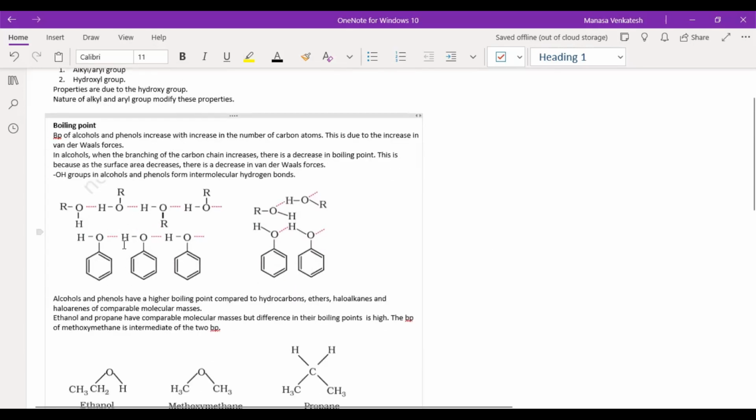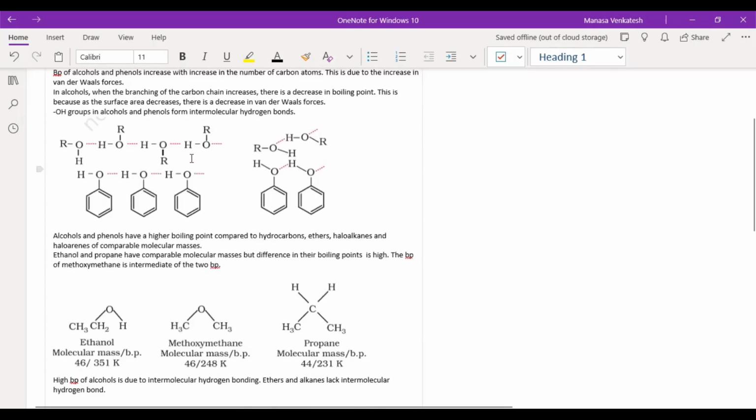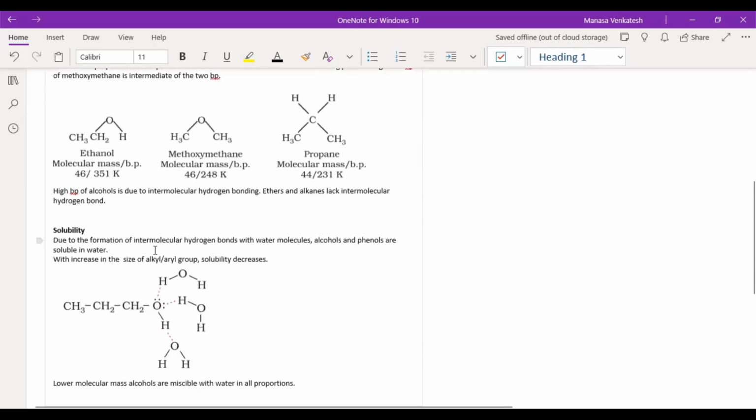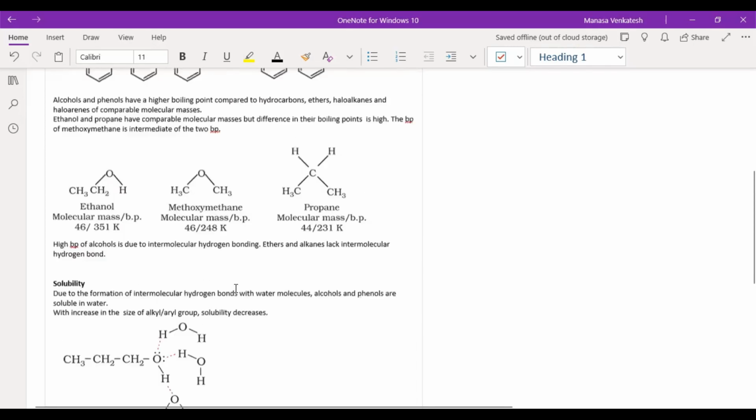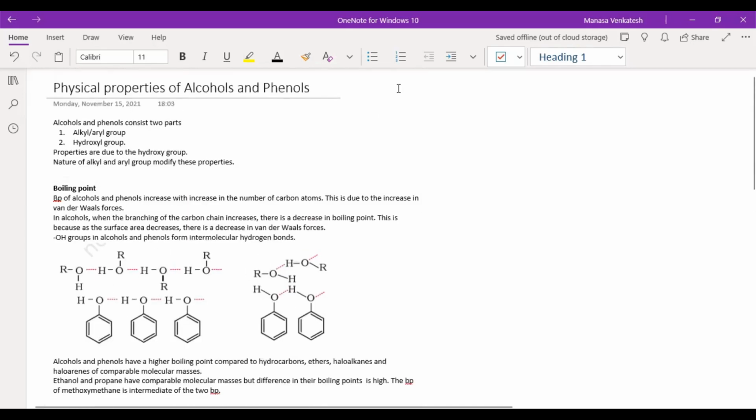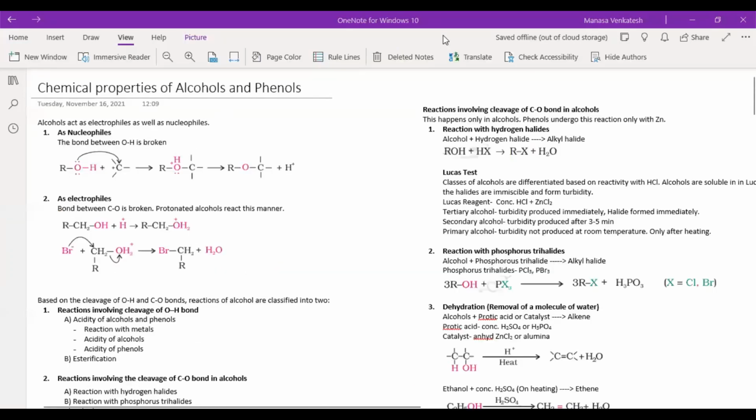Next, alcohols and phenols have a higher boiling point compared to haloalkanes, haloarenes, hydrocarbons, and even ethers of a comparable molecular mass, because they are able to form hydrogen bonds. The reason they are soluble in water is also because of hydrogen bonds. And if there is an increase in the alkyl chain, there will be a decrease in the solubility of the alcohol. With that, we're done with the physical properties of alcohols and phenols.